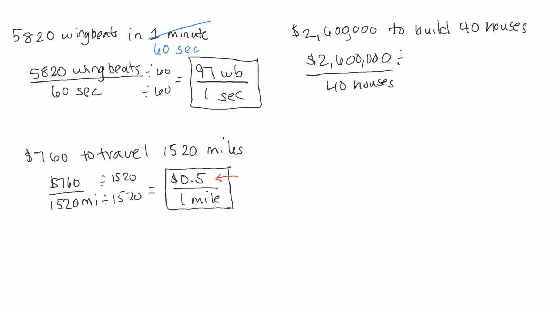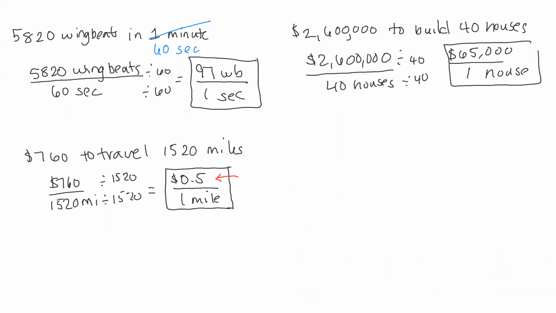And then we divide numerator and denominator by the value in the denominator. And the 2,600,000 divided by 40, we get $65,000. And then the denominator, 40 divided by 40 is 1. So that tells us the cost to build one house is $65,000.